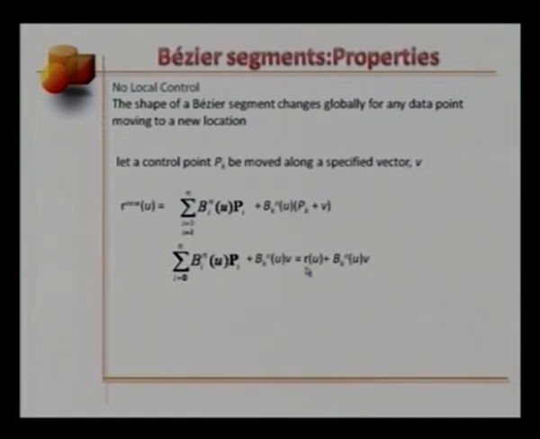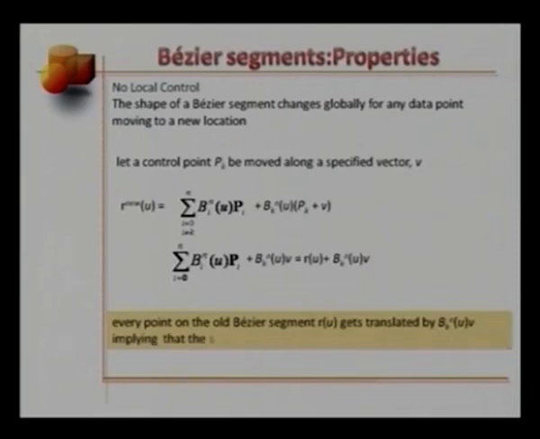This is equal to the original Bezier segment plus an additional term b sub k super n, a function of u, times the vector v. We see that every point on the old Bezier segment R(u) gets translated by the term b sub k super n times v.